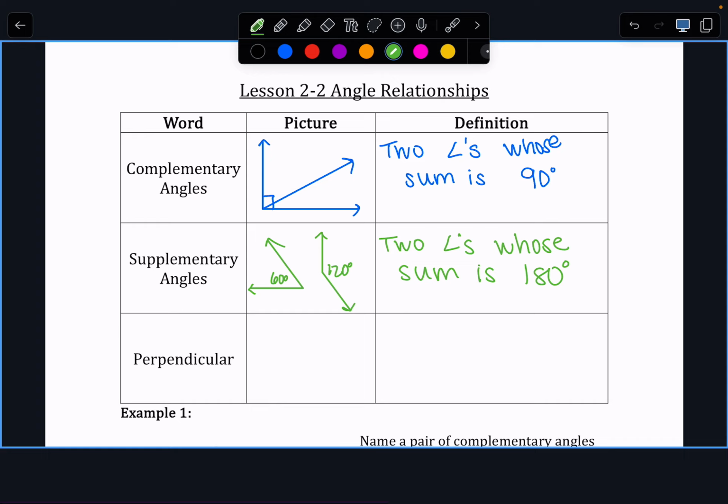They don't have to be next to each other, okay? There's not a special notation, no.